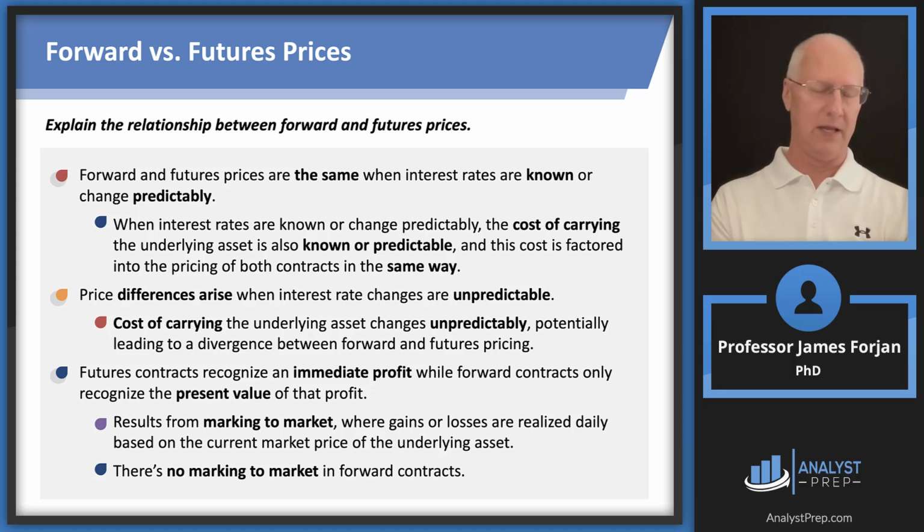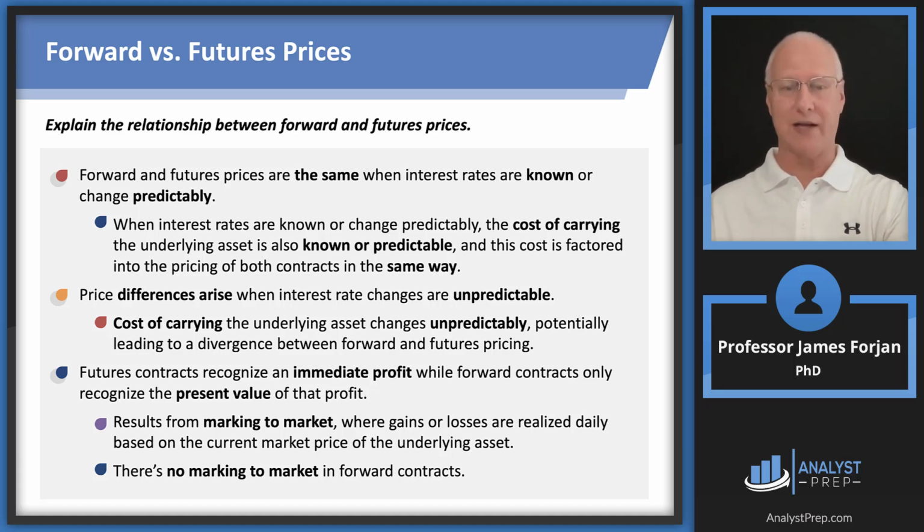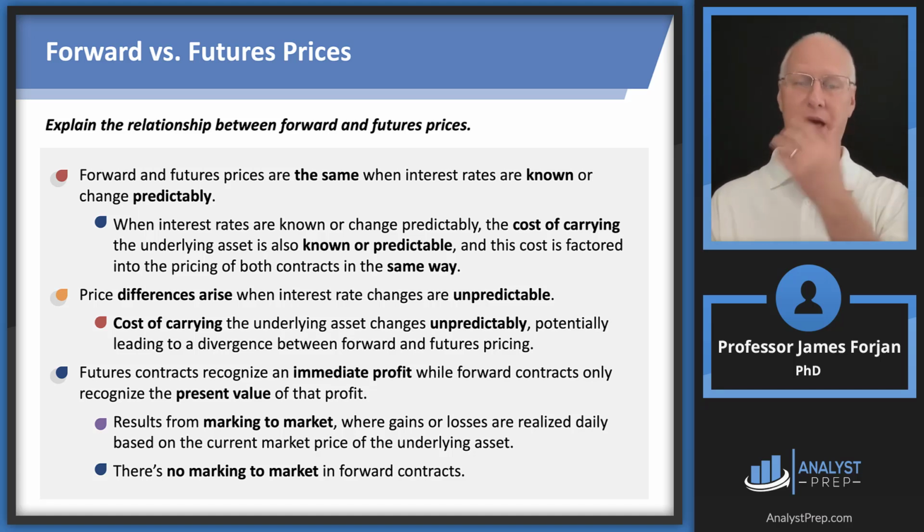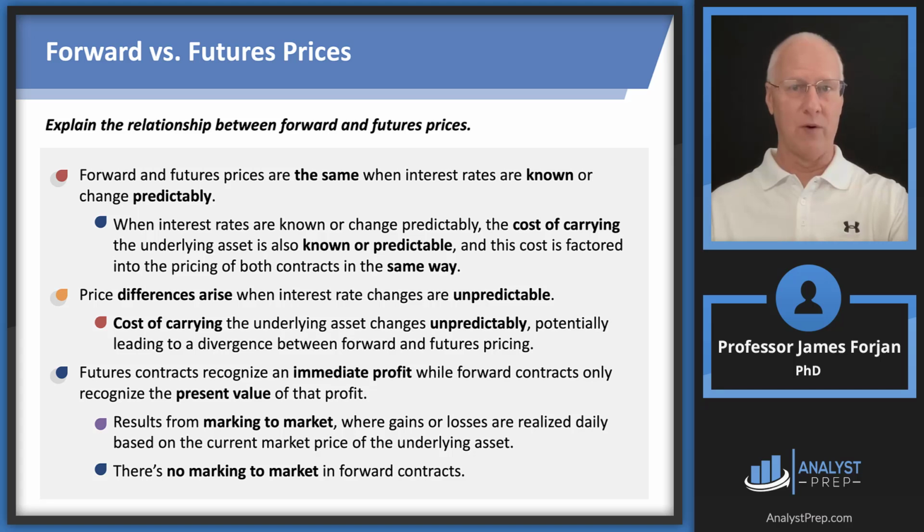So that's immediately. Now, in the forward market, the only time you realize that is if you want to get out of the contract. Otherwise, you have to wait until the end. But we can value that contract using the present value of that profit. The reason we do that is so that you know what the present value of that forward contract is, so that you can use that as collateral if you want to borrow money somewhere else.